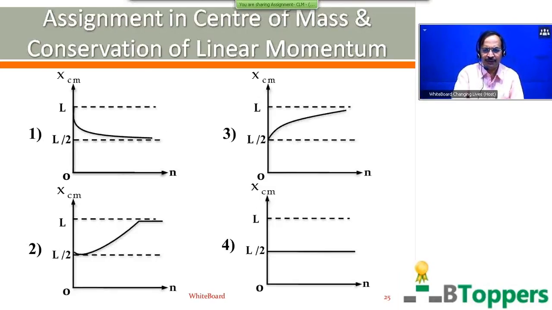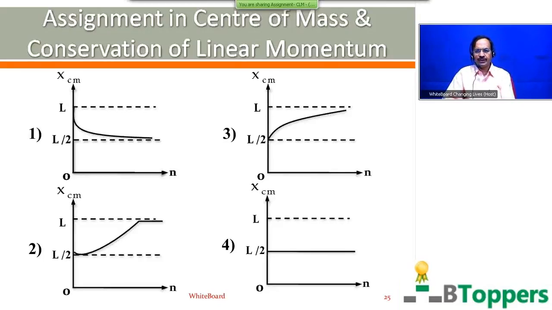You have to find out which one of these 4 graphs is correct. Definitely, you may need some time to try the question. You can take a pause and take your own time.